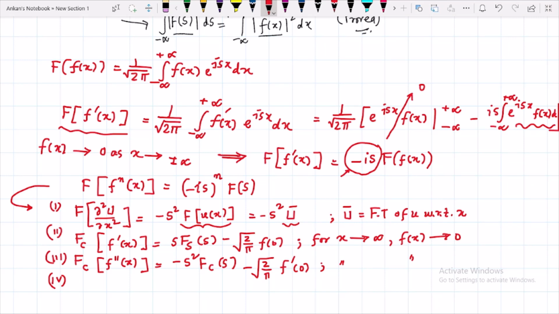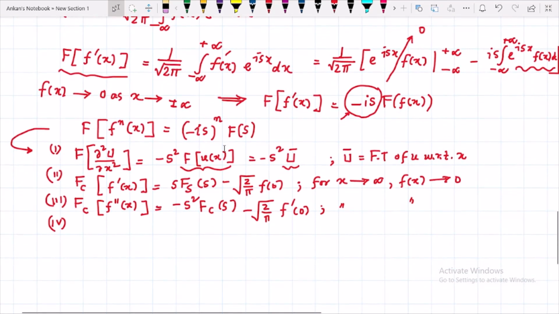Now the same thing can be obtained for Fourier sine.